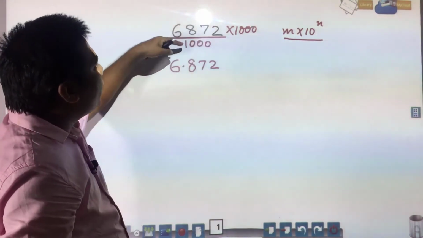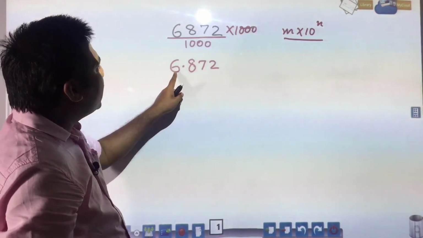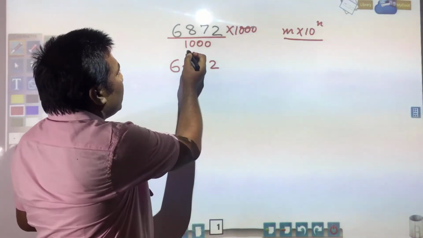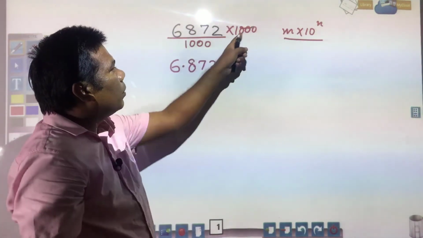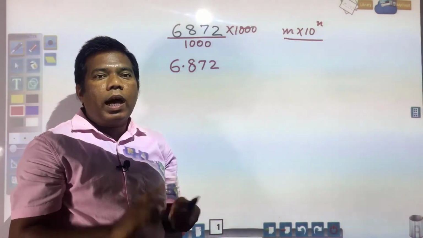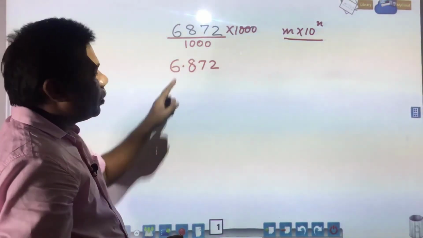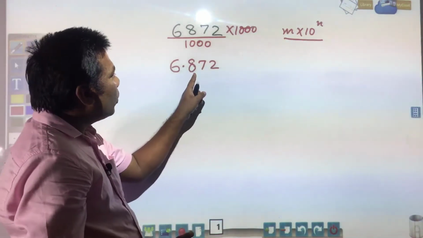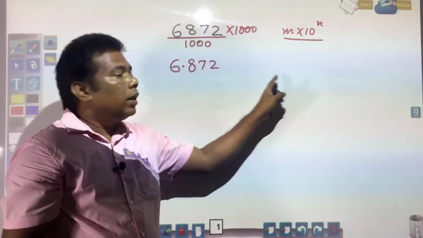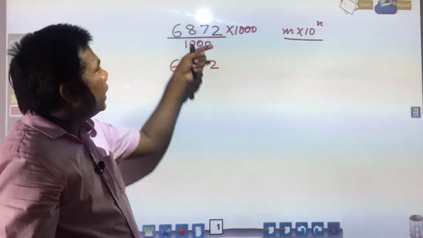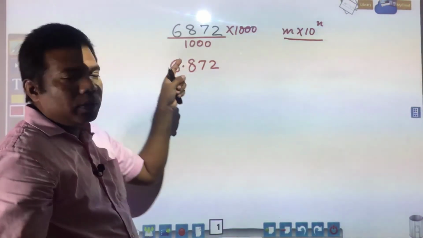So you need to see, after putting the decimal after one digit, what number you need to multiply and divide by. How will you know that? Put the decimal just after one digit and then count the remaining digits. Remaining digits are 1, 2, 3, so it needs to be divided by 1000.